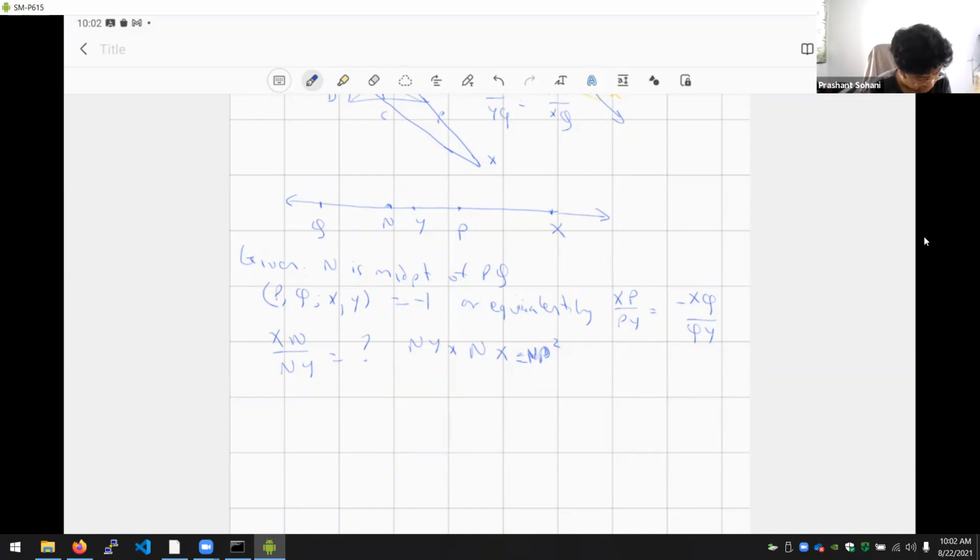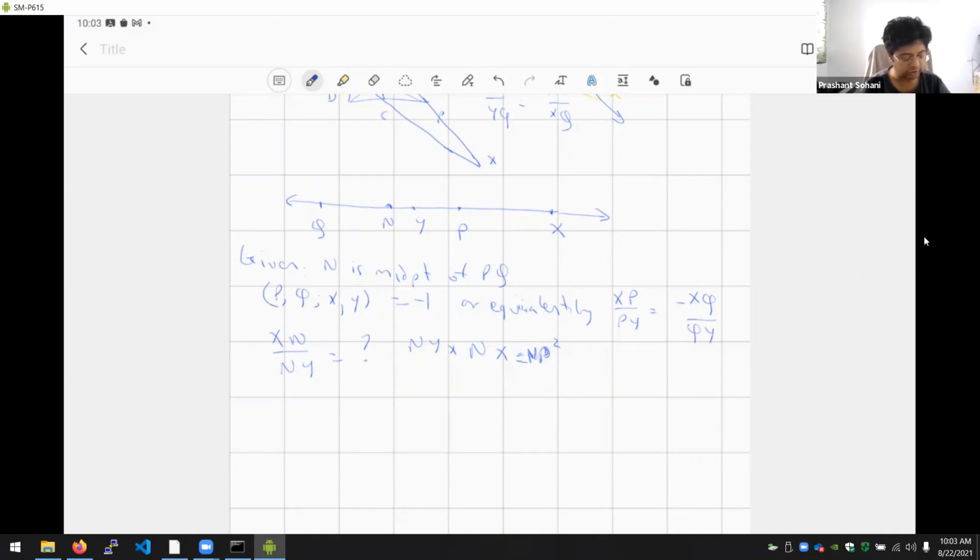How can we do this problem? So let us do it this way. Let me call the ratio XP upon PY. See, anytime you have a question like this, it seems that there are lots of variables. So we want to reduce the variables to the bare minimum so that it is easier to compute everything.